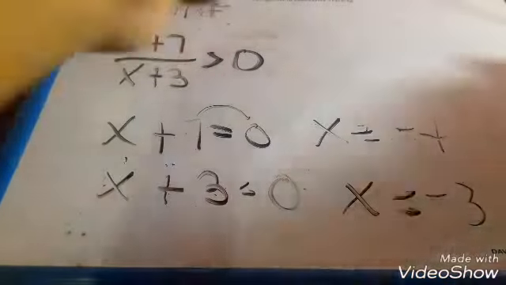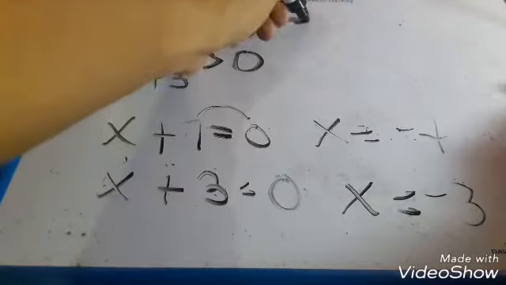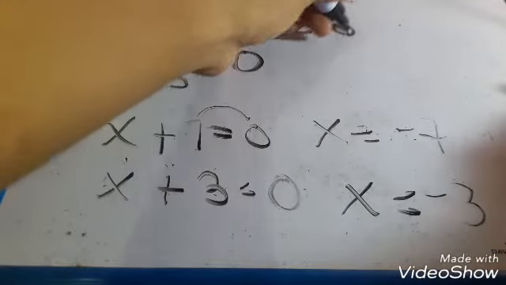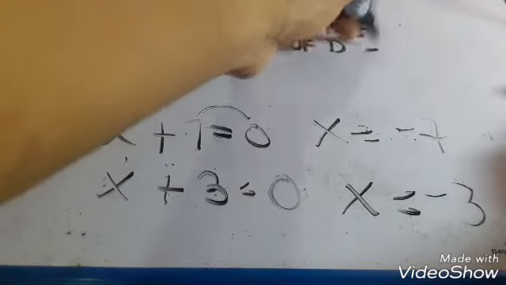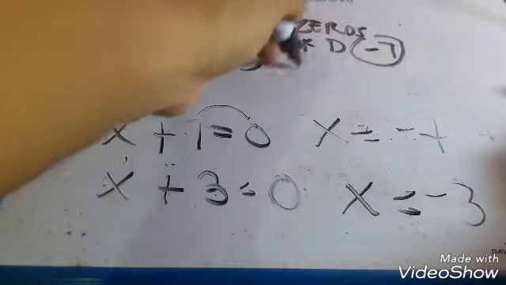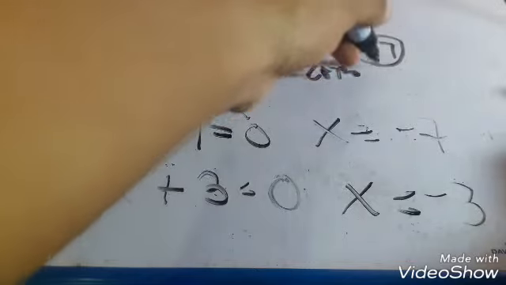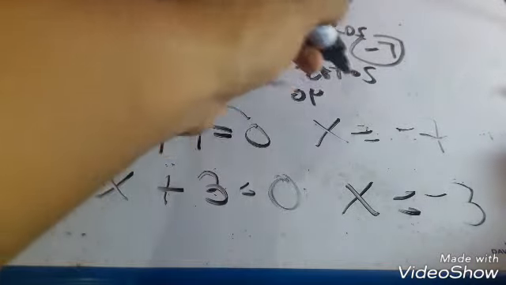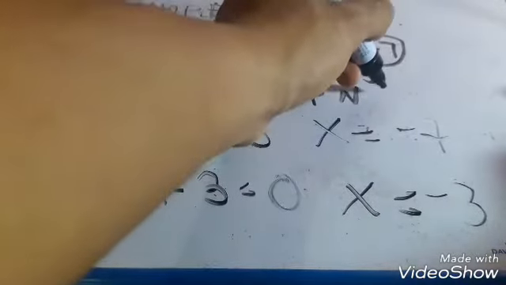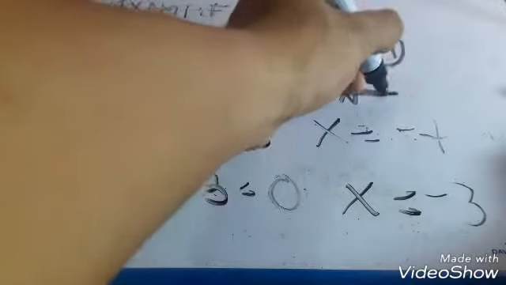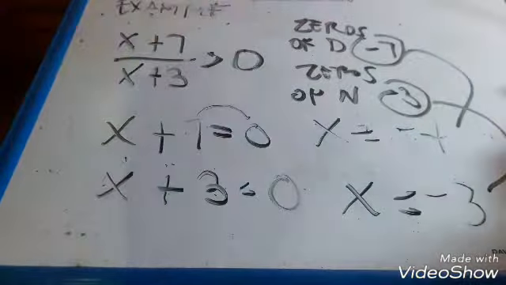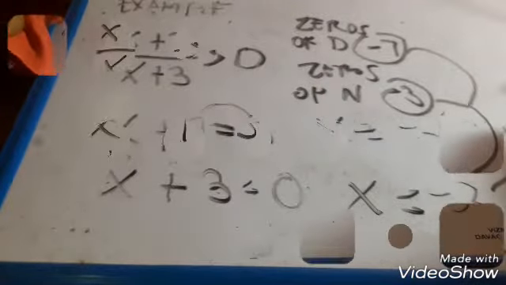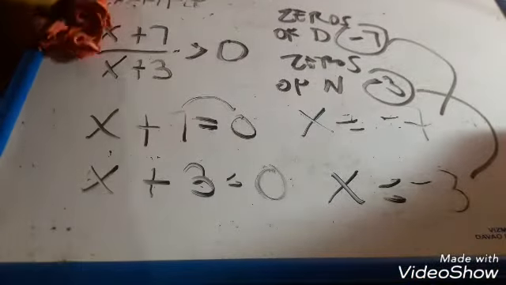So we will have now the zero of the numerator is -7 and the zero of the denominator is -3. So we will now proceed to steps 3 and 4.